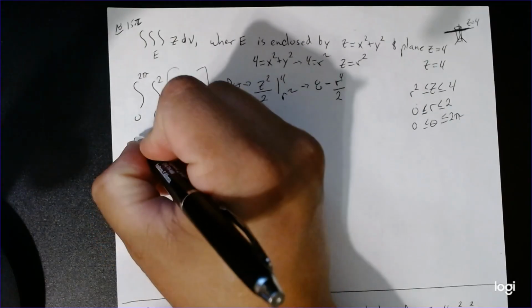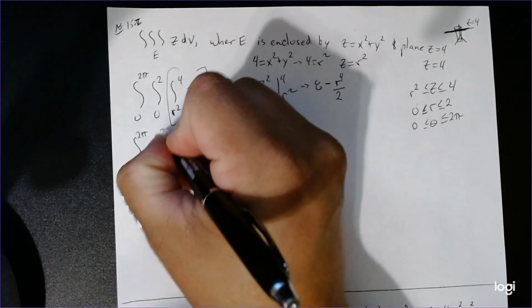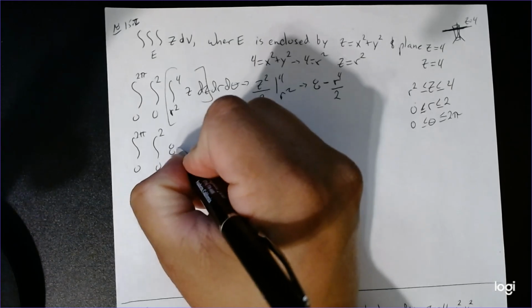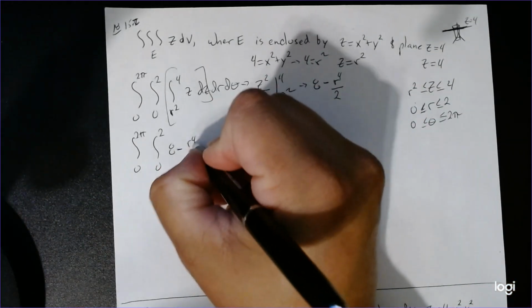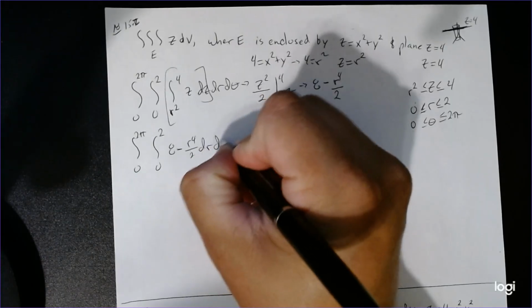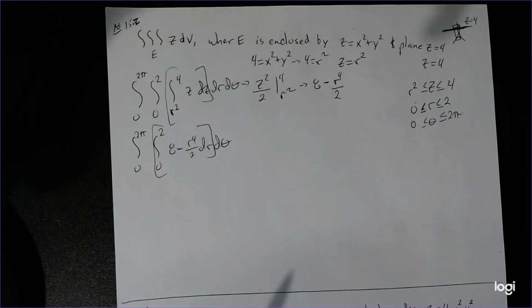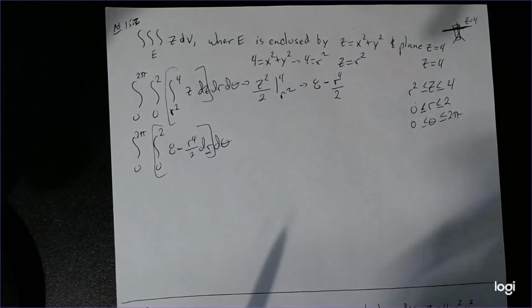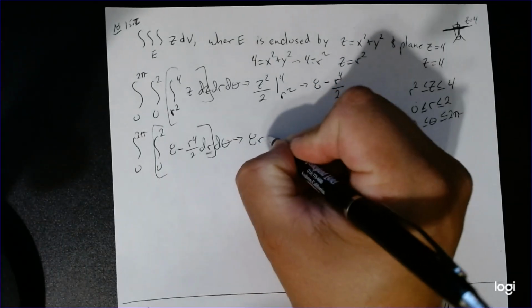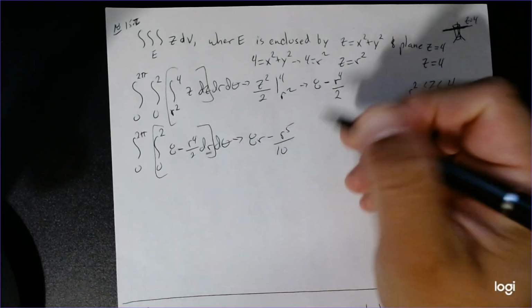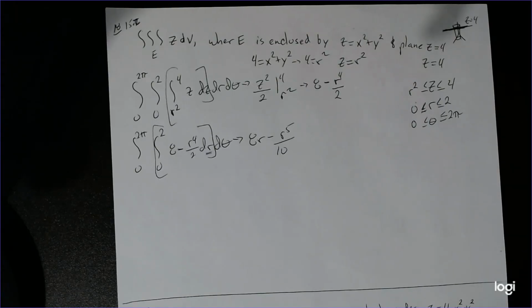So now again, I just rewrite what I have. Again, I only look at what's in front of me. So r is next. So again, power rule. Oh, oops.